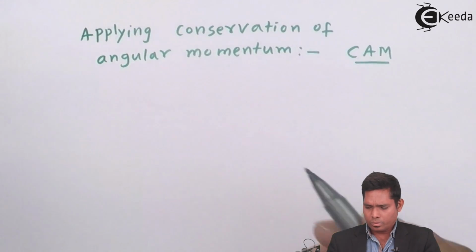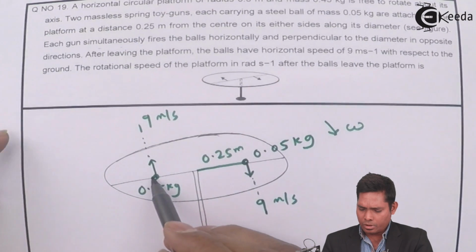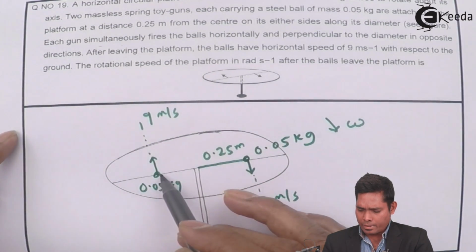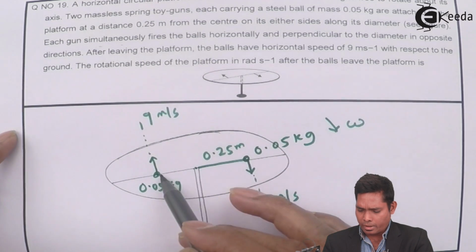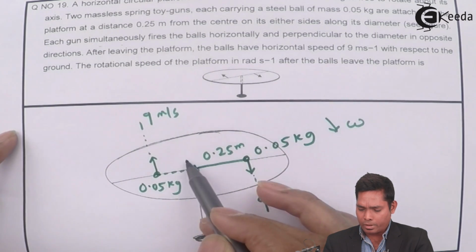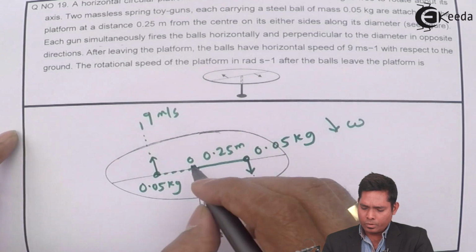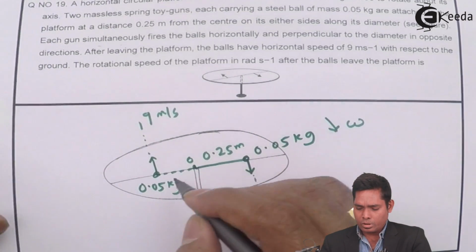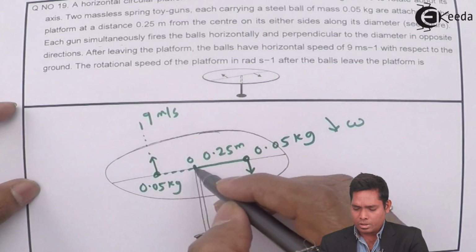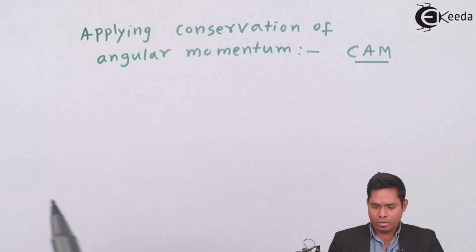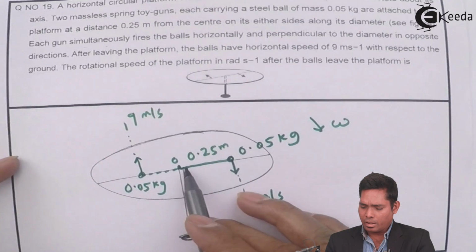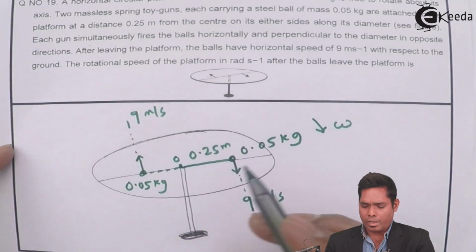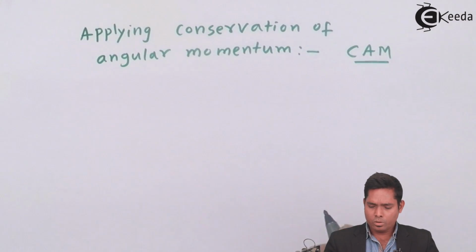The angular momentum about this point, suppose this point is O, is m v r. This is mass, this is velocity, this distance is r, and from this side also it is m v r, and they are in the same sense. So you add, or multiply by 2.